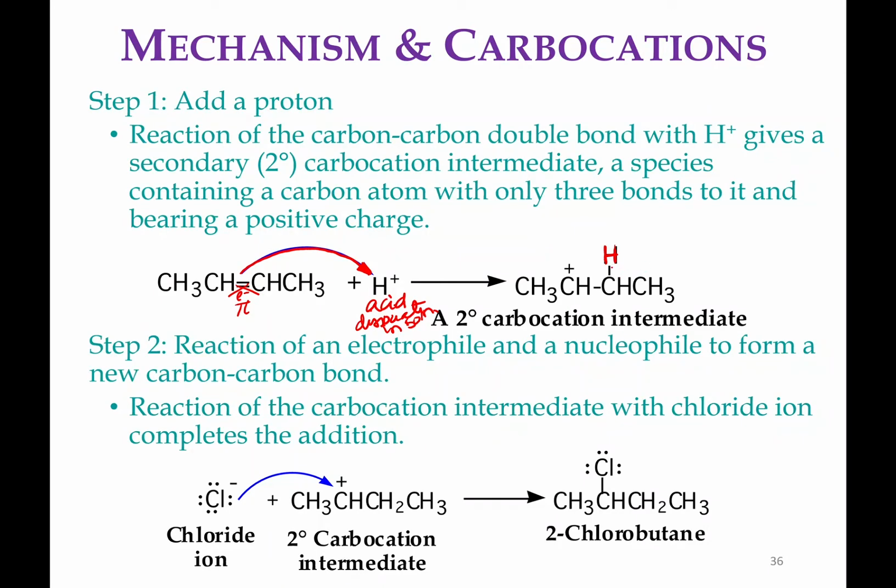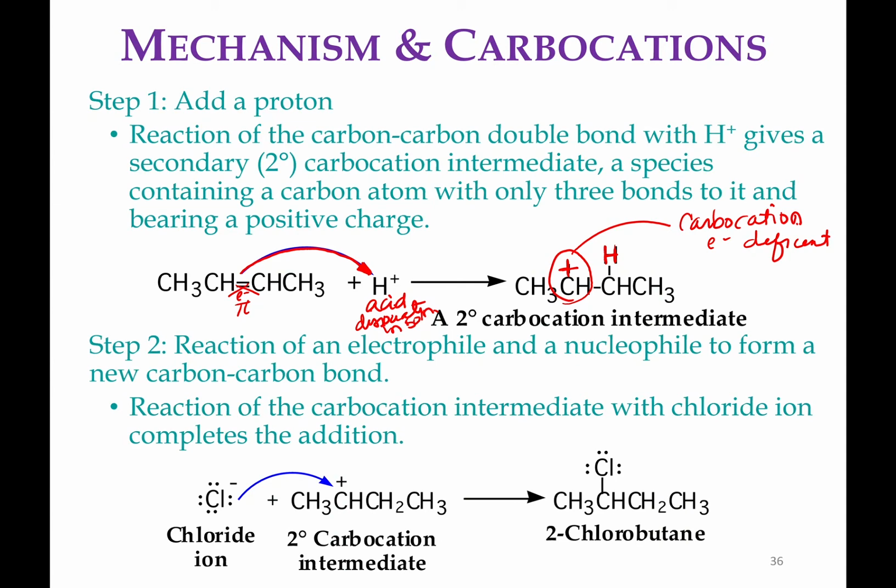The hydrogen went to one side, and what in the heck is this right here? This is called a carbocation. This is not something carbon likes to do. Carbon is electron deficient here. Being electron deficient is not carbon's big thing, so it would prefer to have 4 bonds all the time.